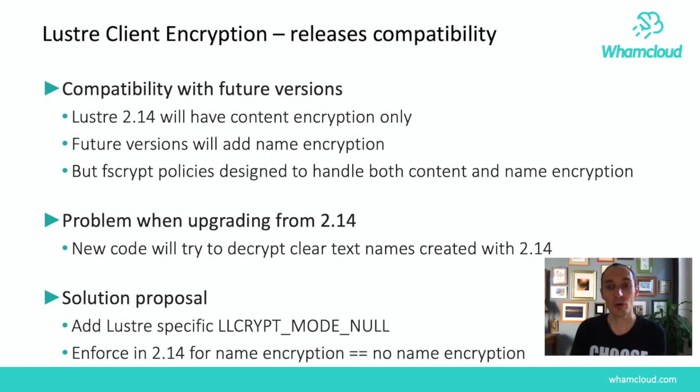So we have created a Lustre-specific encryption mode that is called LLCrypt mode null, and it is enforced in Lustre 2.14, which means that whatever the encryption policy you specify for file names, it will be ignored by Lustre and replaced inside the policy with this null encryption mode.